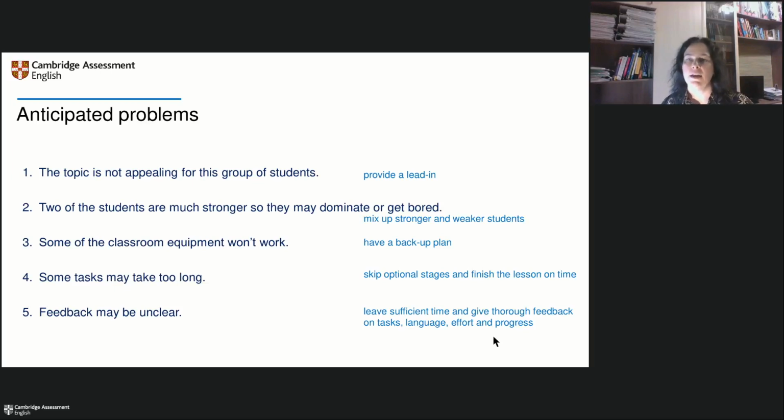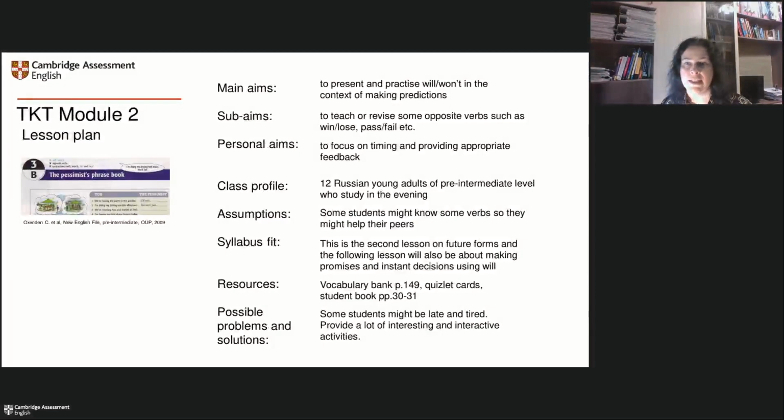And again, it's well recommended to leave plenty of time on that. I wouldn't skip that. But with the help of other students, it can be done like that. Okay, great ideas. Now, here on this slide, you can see an extract from a lesson plan that I once had to teach. It was quite a few years ago.